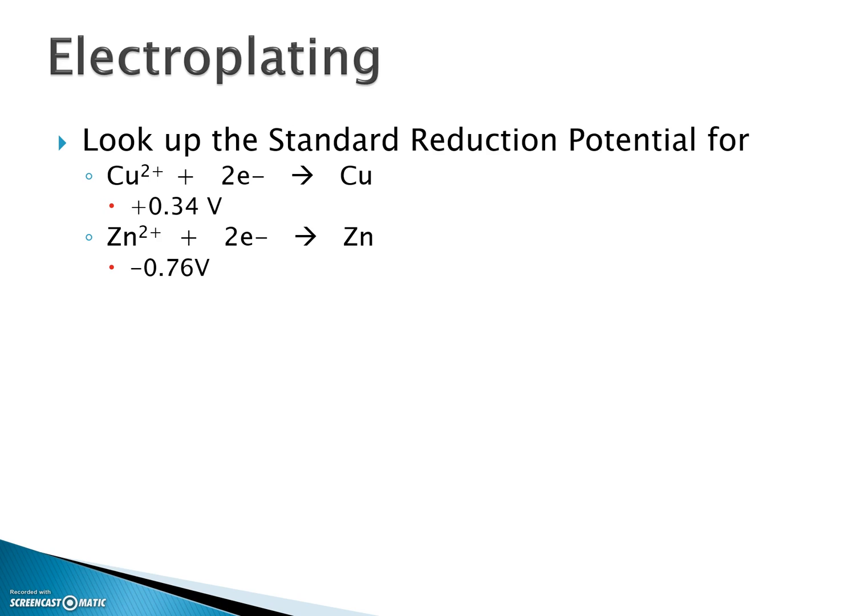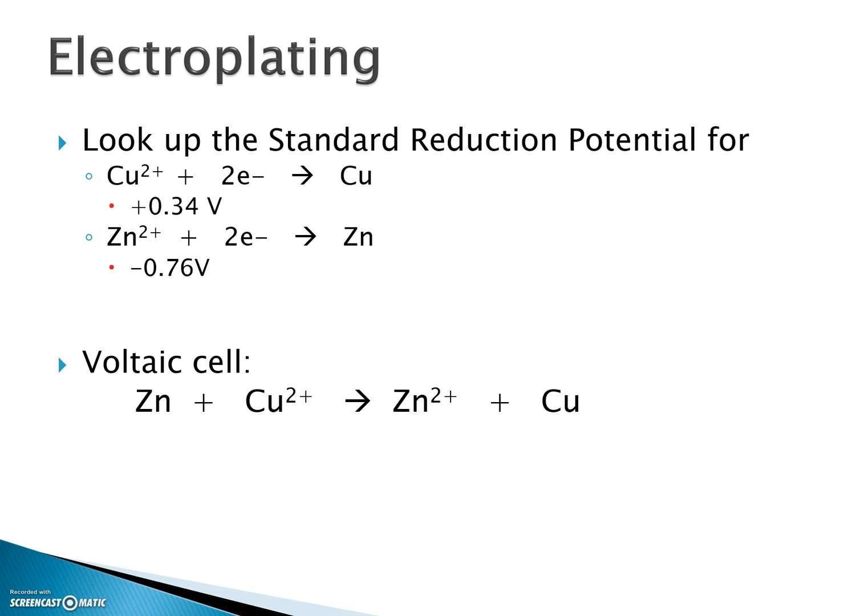And remember, when we look at the standard reduction potential table, we can decide which is more likely to be reduced. The more positive the standard reduction potential, the more likely a species is to be reduced. So in this case, copper ions are more likely to be reduced, whereas zinc atoms are more likely to be oxidized.